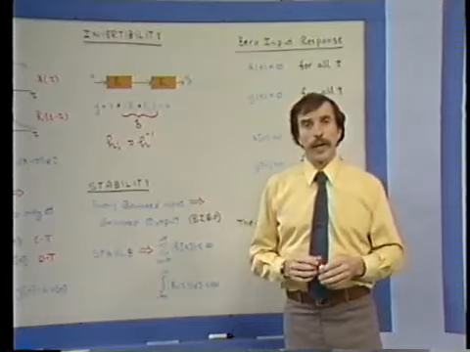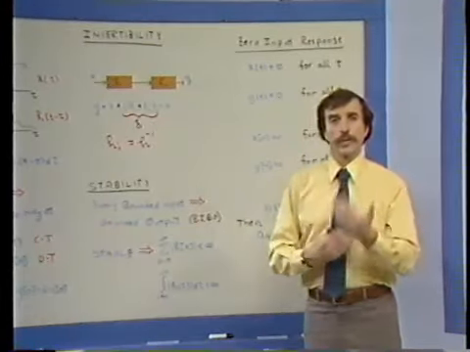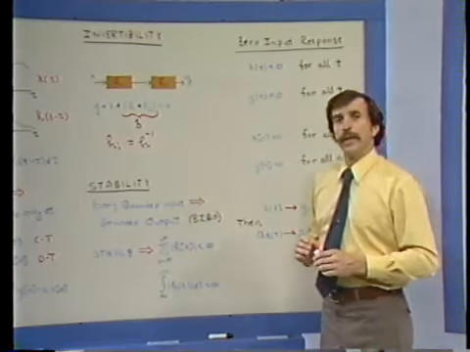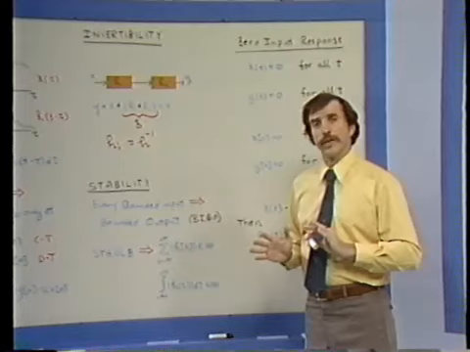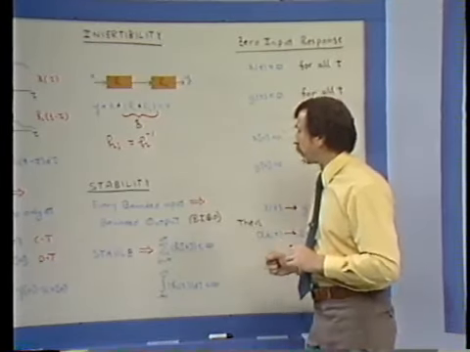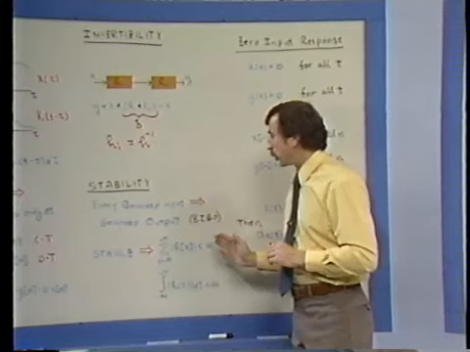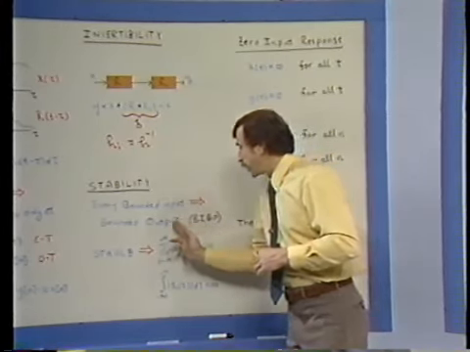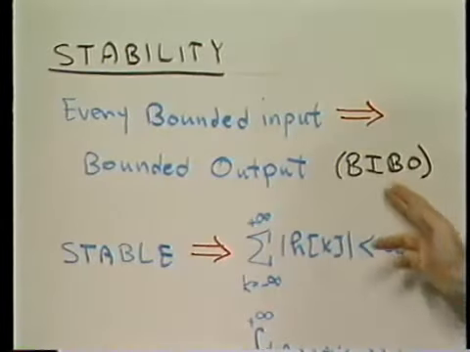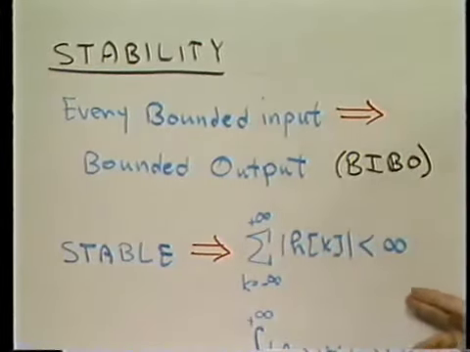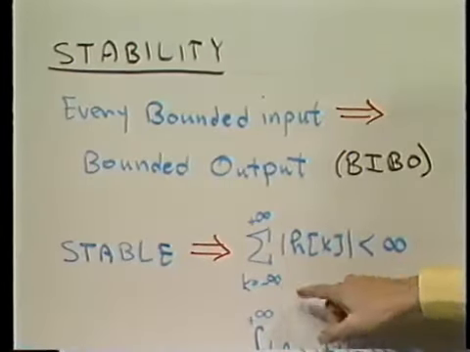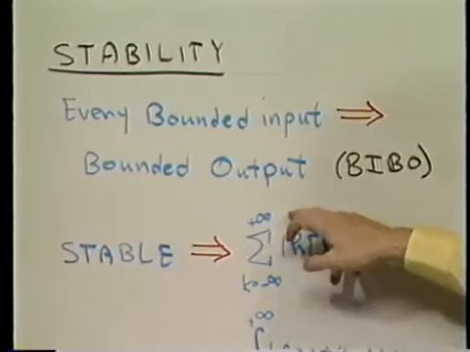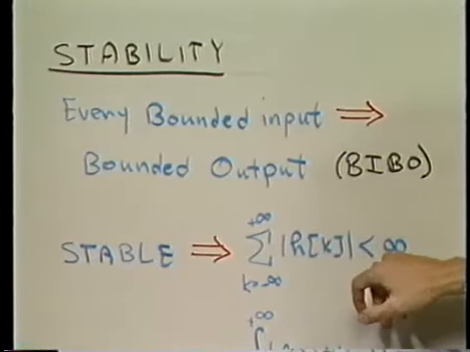What you can show, and I won't go through the algebra here, it's gone through in the book, is that a necessary and sufficient condition for a linear time-invariant system to be stable in the bounded input, bounded output sense is that the impulse response be what is referred to as absolutely summable. In other words, if you take the absolute values and sum them over infinite limits, that's finite.